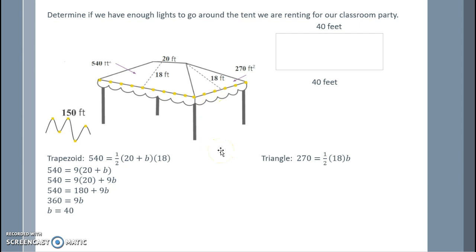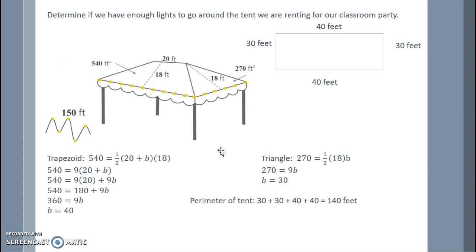So 270 is half times base times height. We don't know what the base is. Half of 18 is 9. Using the inverse of multiplication, we divide by 9. So b is equal to 30. Then each one of our end pieces of the tent will be 30.